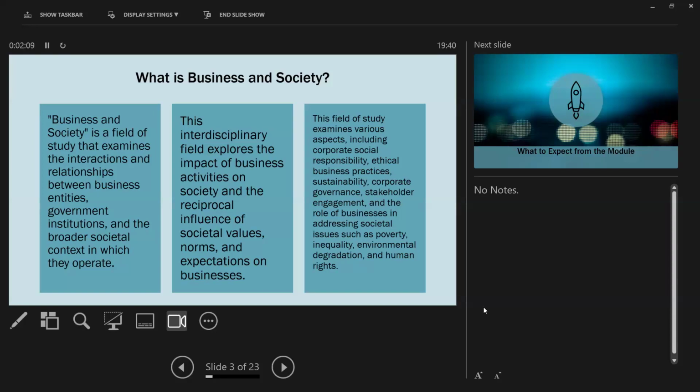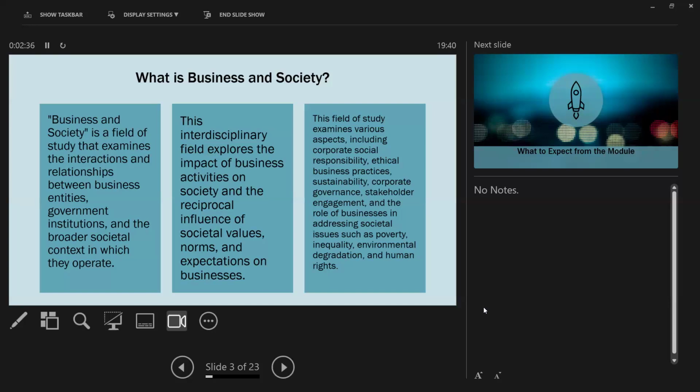It involves the business, the government, and the society itself, because the business and the government exist within a societal context. There has to be a society where these two entities operate. So that's what the module is all about: you want to see the relationship and the interactions. That is the definition.